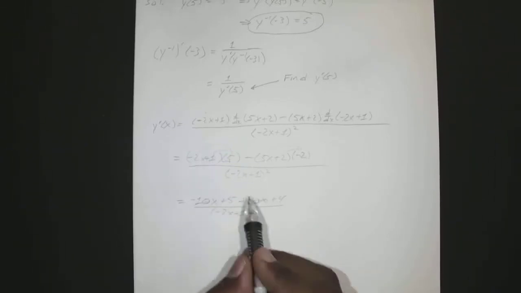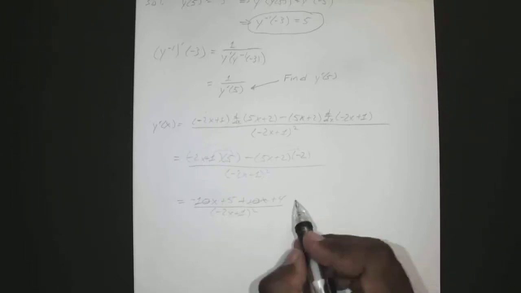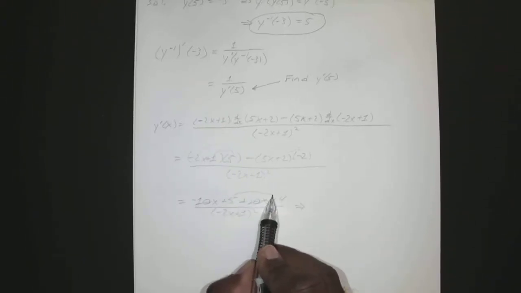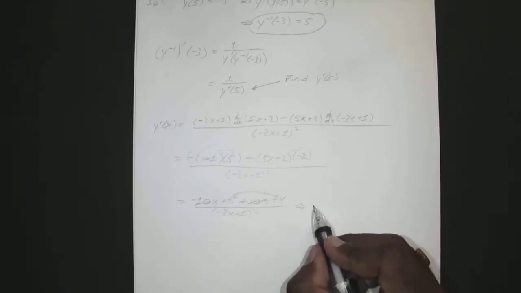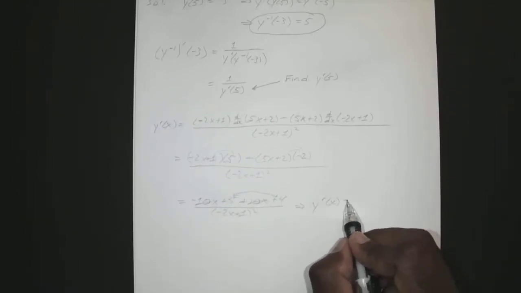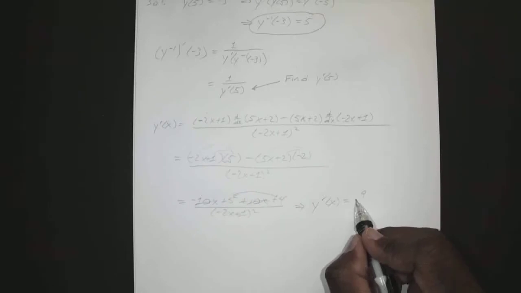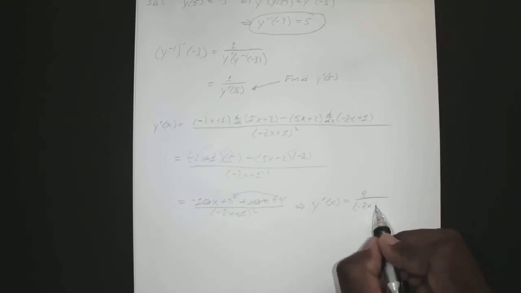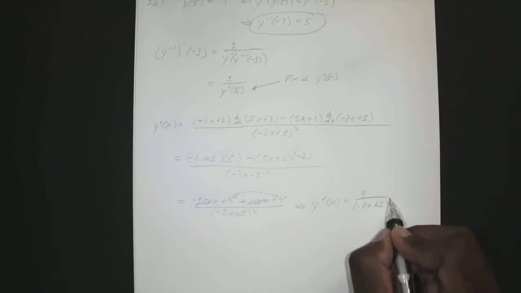The negative 10x and 10x cancel each other out, so that disappears. We can add those two together, so y prime of x is equal to 9 over negative 2x plus 1 squared.